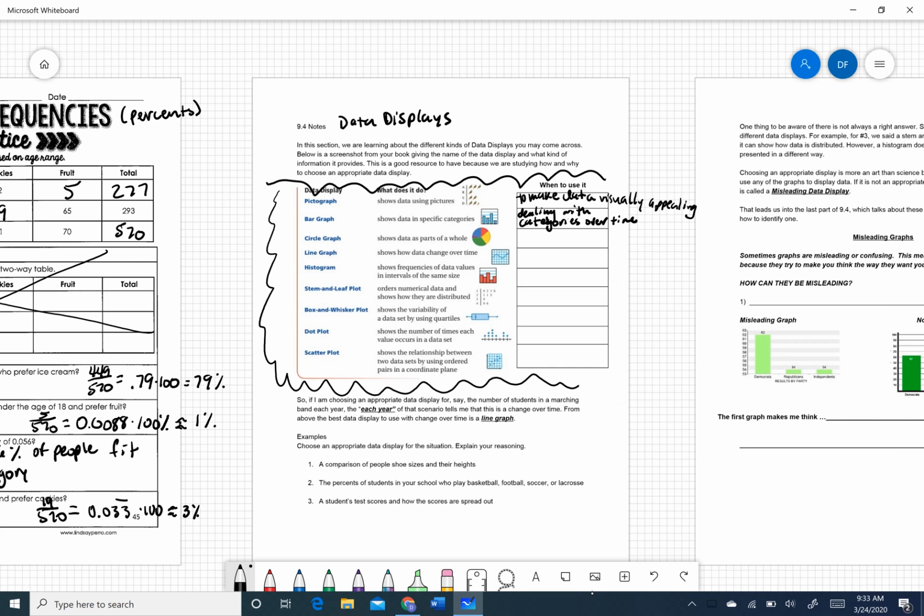You could talk about the change of grades over time, and that actually is probably more of a scatter plot example, or a line graph example. But you can talk about how well someone is doing in a poll.